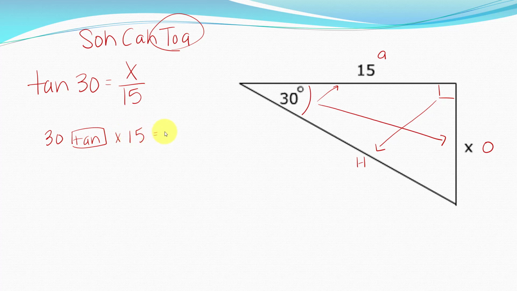The calculator that I'm using here is a little bit different, but basically you're going to multiply 15 by tangent 30, however you need to do that in your calculator. And I ended up with x equals 8.6602, so we'll just round that up to 8.7. Try your calculator and see if you get that same answer.